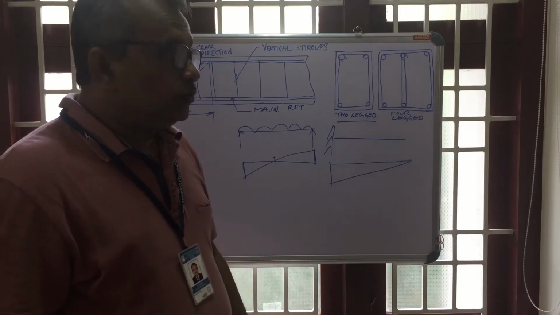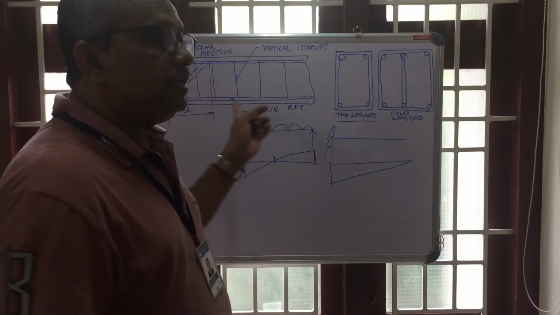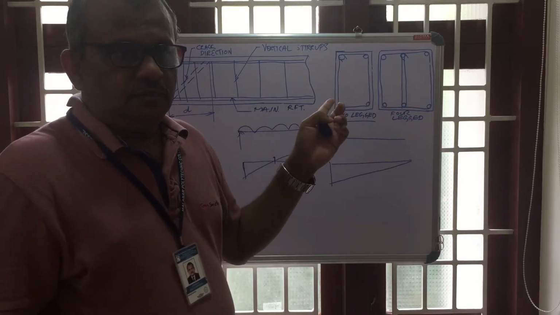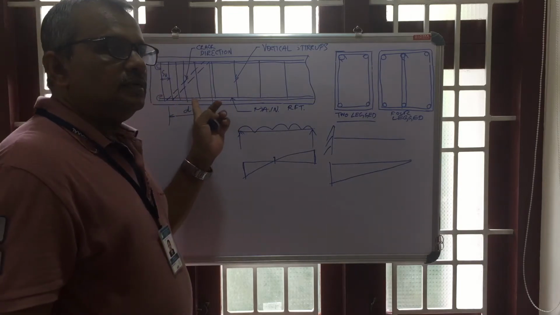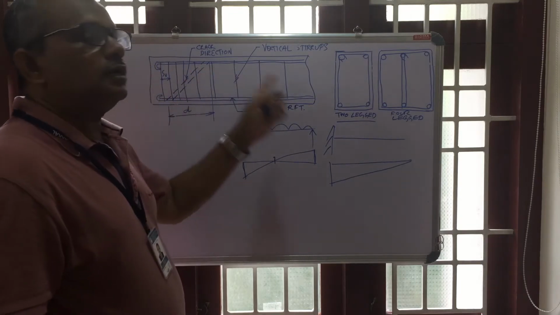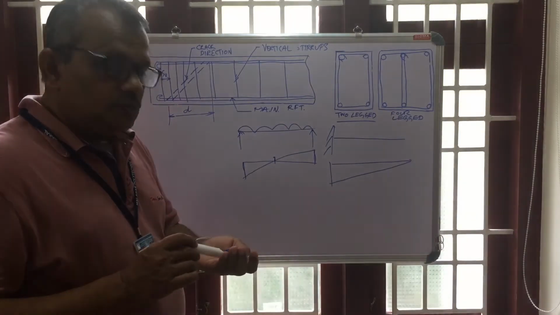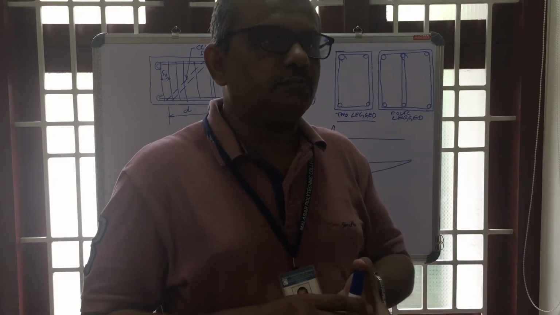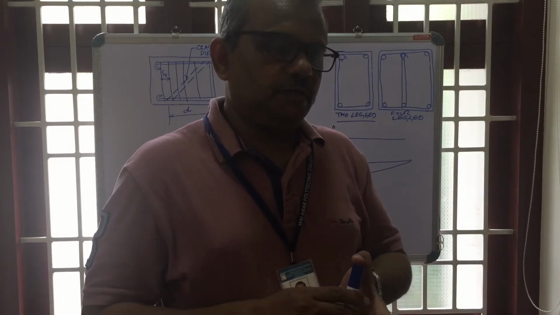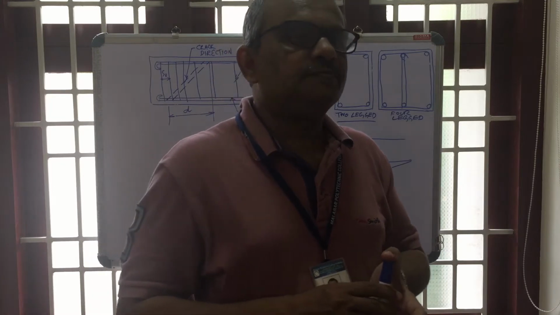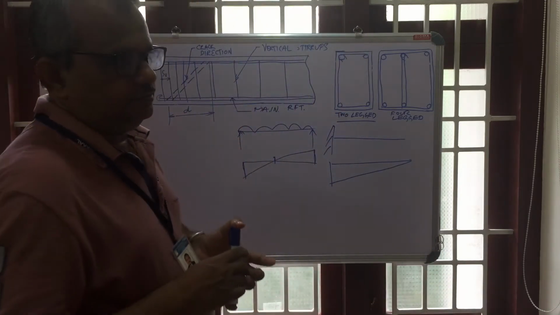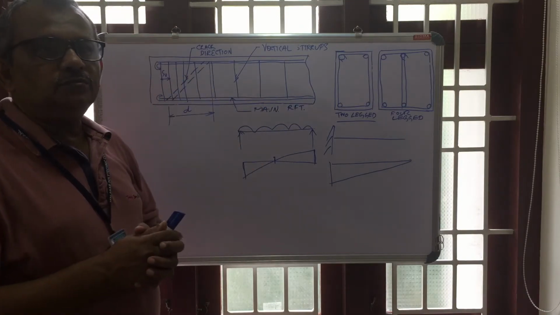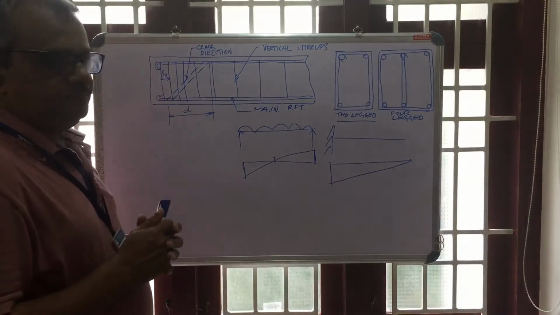right? So far we designed the beam for the bending stresses only, right? The main reinforcements in the longitudinal direction, either tension steel or compression steel. Now, to take the shear stresses, we have to design the shear reinforcements also. So that is the importance: to prevent the diagonal tension and the cracks developed due to the diagonal tension.